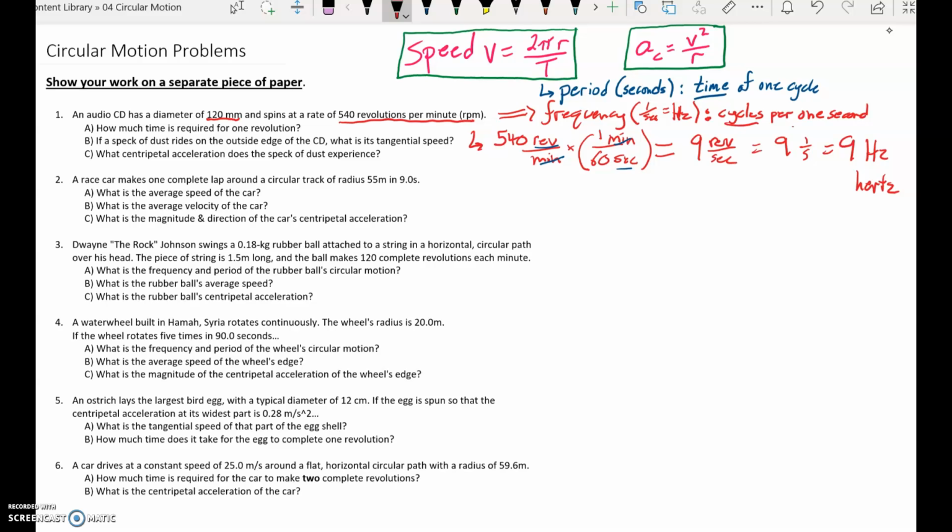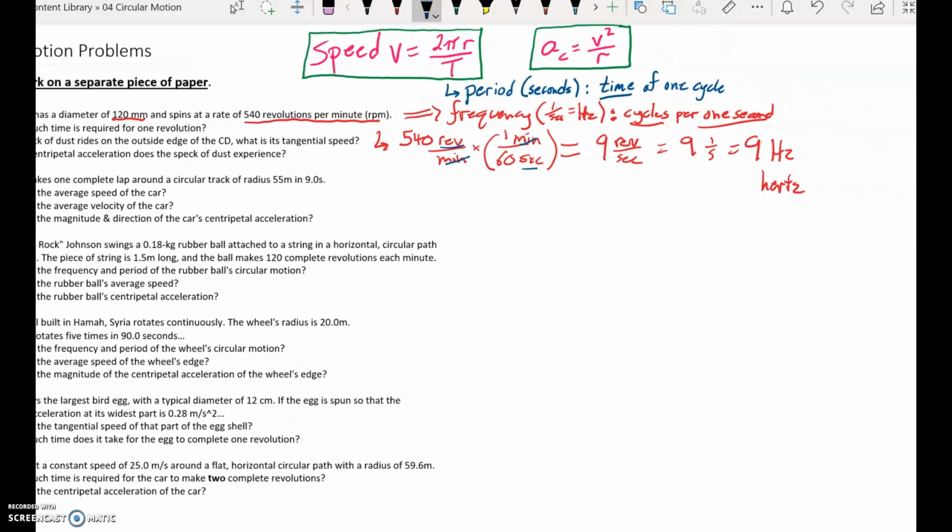How many cycles happen in 1 second? Whereas the period is how many seconds does it take to complete 1 cycle. Your frequency is the reciprocal of that. So your period is the reciprocal of your frequency, and therefore your frequency is the reciprocal of your period. So 2 more equations, expressions there to relate your period and your frequency.